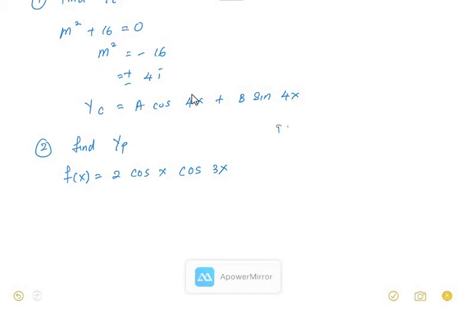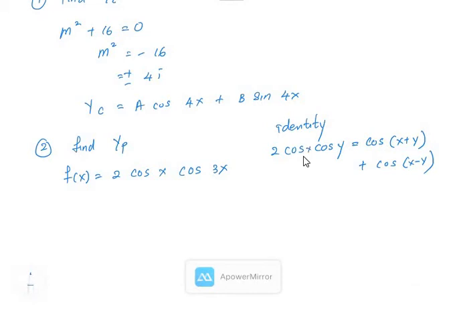The identity for this equation is 2 cos x cos y, which we can simplify as cos of x plus y plus cos of x minus y. This is the identity for cos x cos y.